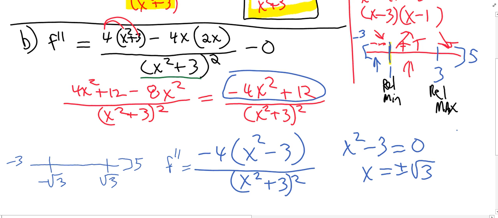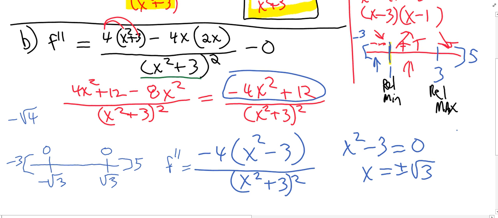So here it's equal to 0, which is a possible point of inflection if it changes signs. And let's start over here. We could use, say, the number 2, right? Actually, no, we can't. We could, yeah, we could, because if you think about a negative square root of 4, that is more negative than the square root of 3.